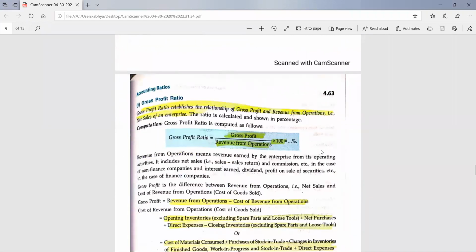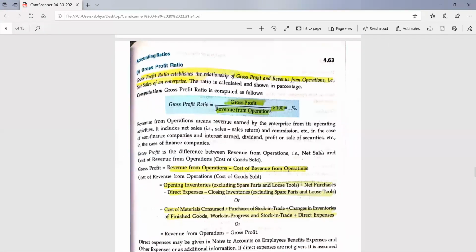Now I'm going to start with the last category of the ratio. Make again a web chart of the last category. In the last category of ratio, there are total 5 ratios. Last category is profitability ratios. Already we have done liquidity ratios to check the short-term liquidity position, solvency ratios to check the long-term solvency position.